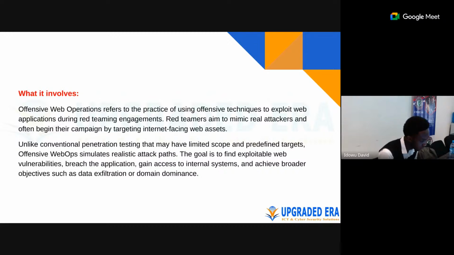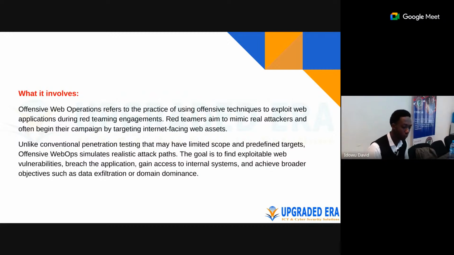Now, what does it involve? Offensive web operations refer to the practice of using offensive techniques to exploit web applications during red teaming engagements. Red teamers often aim to mimic real attackers and begin their campaign by targeting internet-facing web assets.